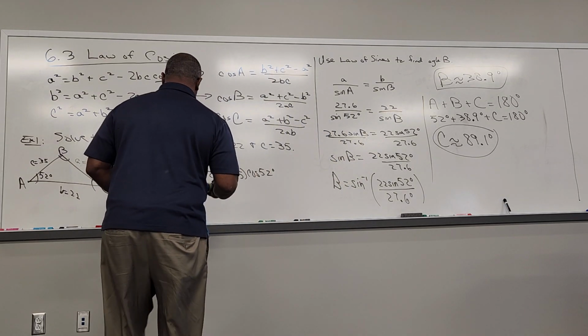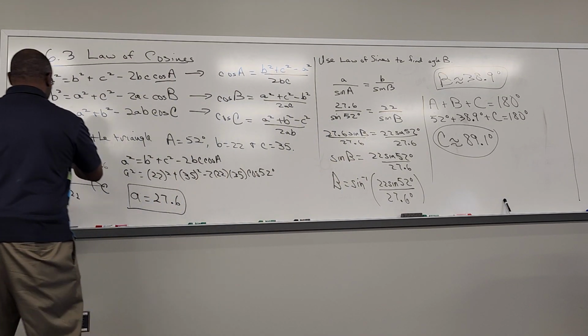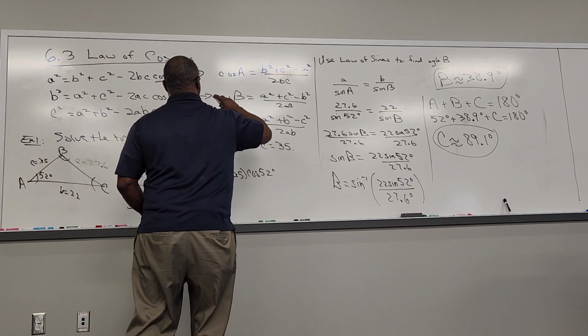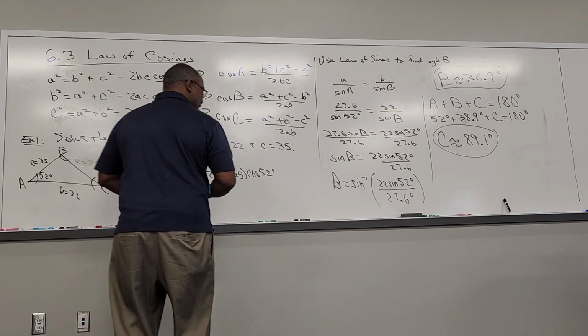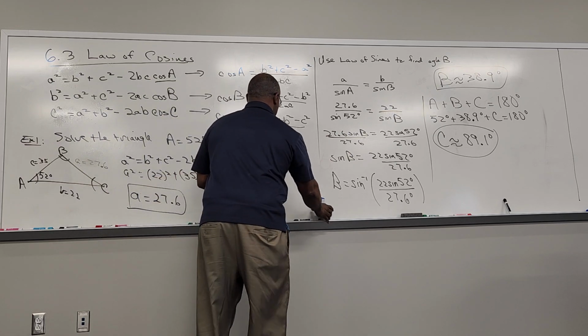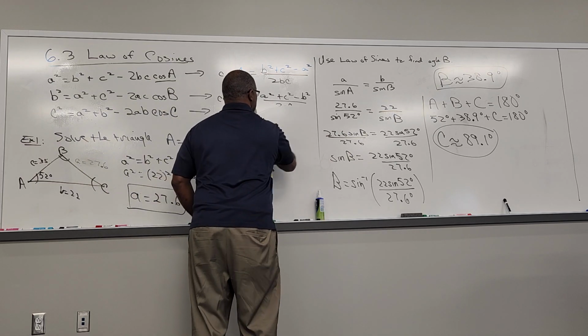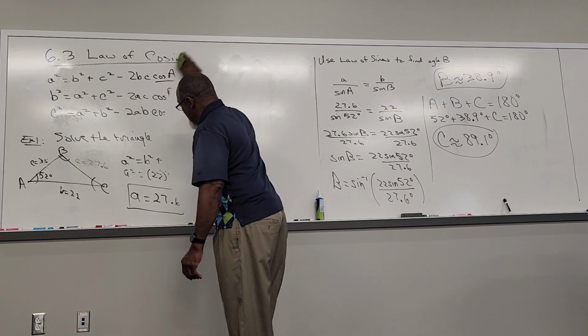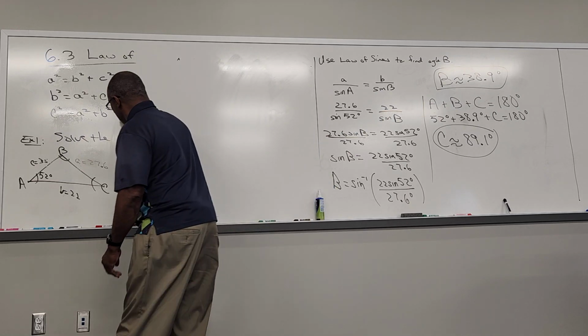So once you get one of those unknown sides or angles, you'll usually go back and apply the law of sines, just because it's an easier process and it's not as labor intensive. No other reason than that.